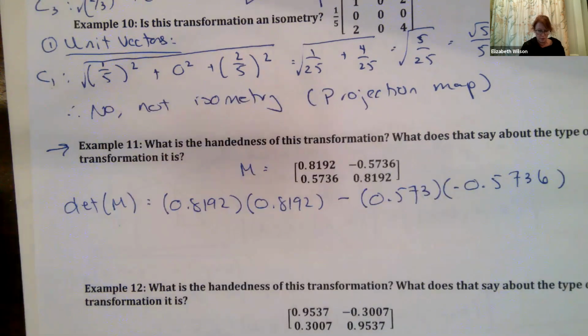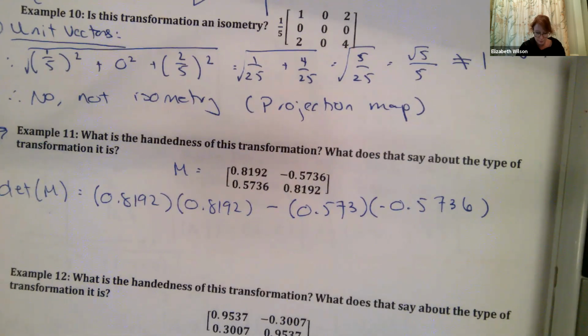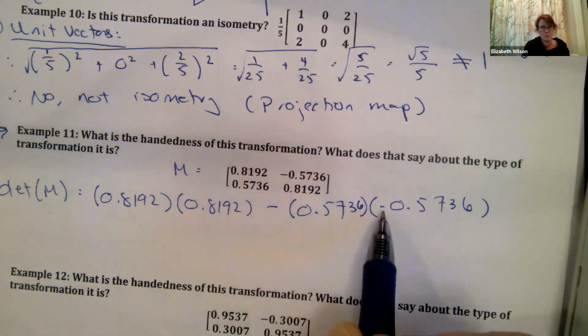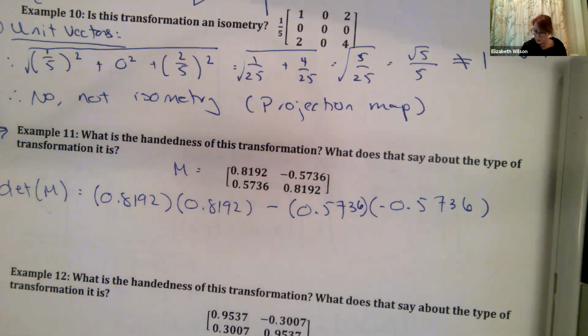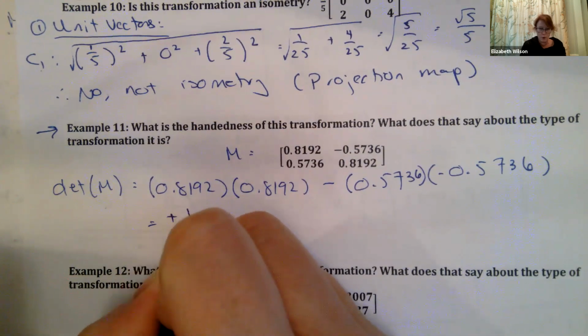You can see where this is going, right? So this is going to be 0.8192 squared plus 0.5736 squared, since minus times minus makes it plus. What I get is this is equal to positive 1.